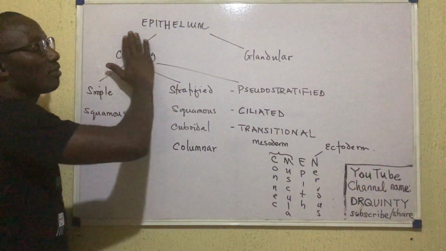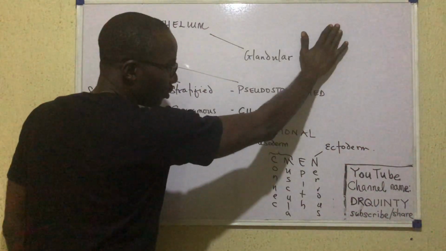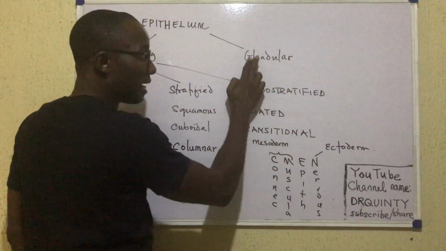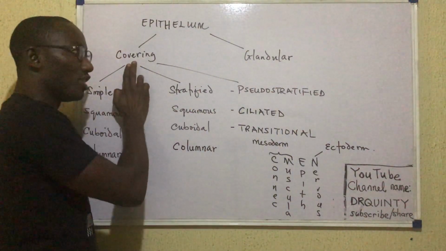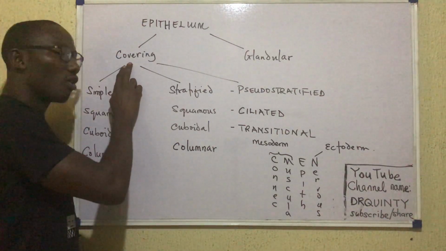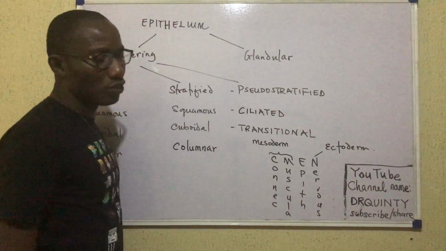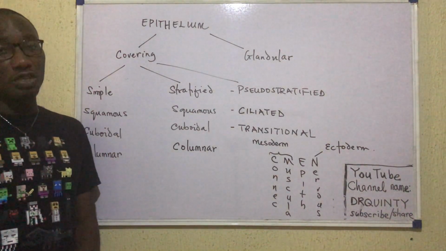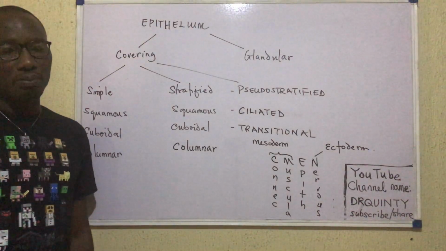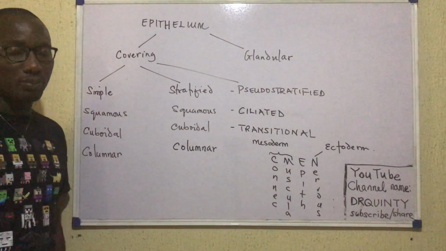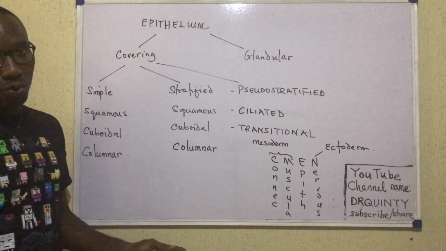So epithelial tissues are lining tissues, but where they carry out that lining, they may or may not produce chemicals, which is what differentiates covering epithelia from glandular epithelia. In the second part of this epithelial tissues video, I'll talk about glandular epithelia. I'll try to be as brief as possible because it's one aspect of biology that's a bit broad.